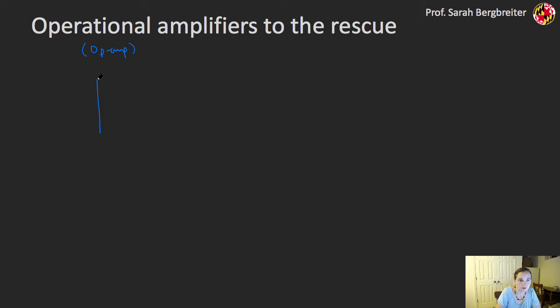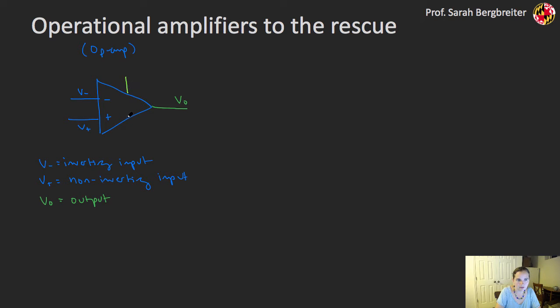So the op-amp symbol that you've seen before is a triangle, effectively. It's got 2 inputs. We often call those the inverting input, V minus, and the non-inverting input, V plus. It has an output that we often designate V naught, or VO for output.